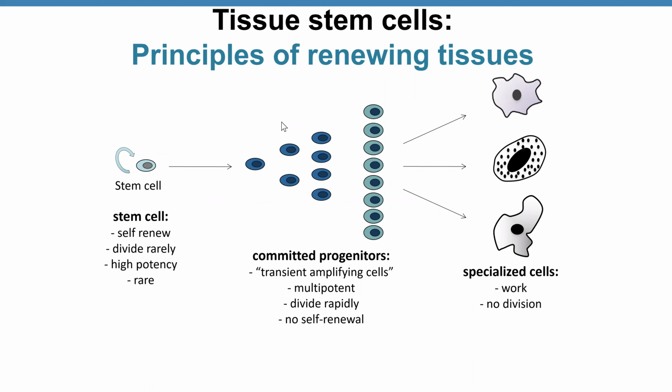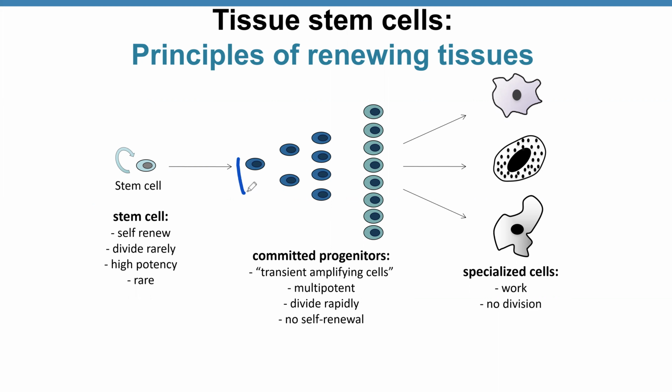Okay, so here are the principles of renewal in tissues. Now we have a stem cell, and it can self-renew, divide, and has high potency. Those are pretty rare cells when we're talking about adult stem cells. They can be committed into progenitor cells.